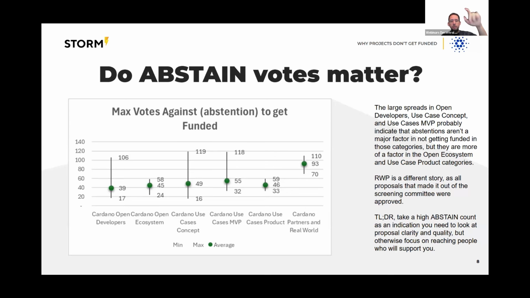And what you can see with the projects that have a really big bar is that you could have had, for example, in open developers, 17 million in voting power abstaining, or 106 million of voting power abstaining, and you still could have gotten approved and gotten funded. And what that tells you is that on those big bar categories, whether people abstained or not just didn't matter.